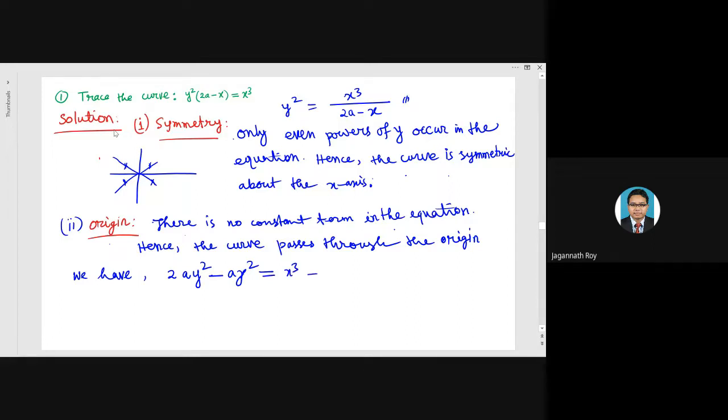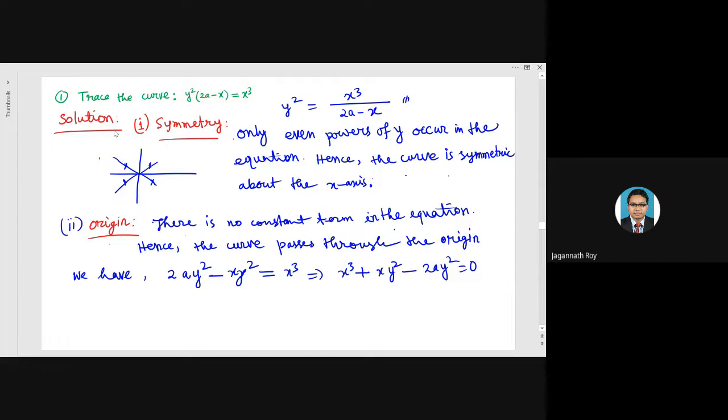So from there you can get x cube plus x y square minus 2a y square equals 0.